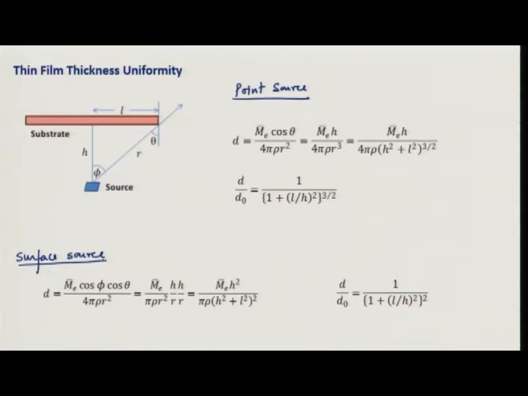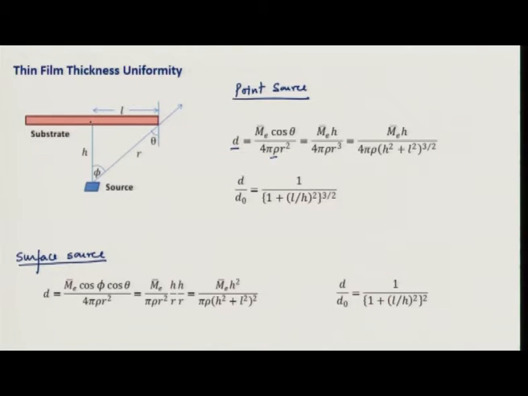Now, have a look here. I have converted the mass per unit area deposited to thickness by simply dividing by density. So, mass divided by area divided by density will give you thickness. So, this is the thickness of the thin film on the substrate.